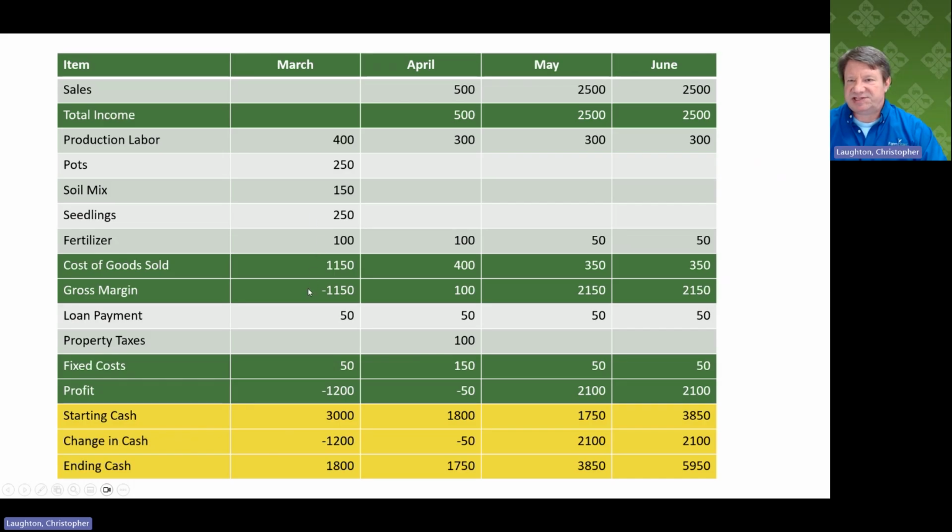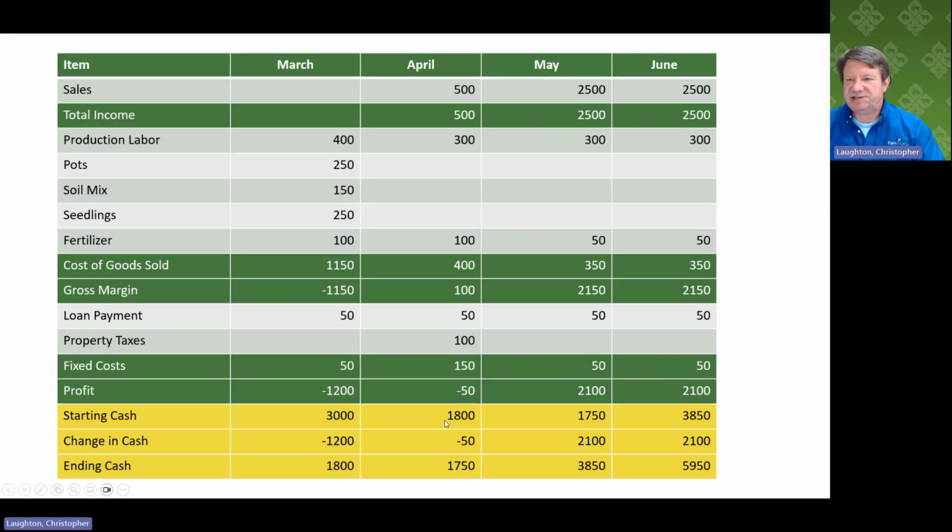So his gross margin is negative $11.50. Then he's also got a loan payment of $50 that he has to make every month. So that is $50 of fixed cost. So he's negative $1,200 for the month. So he started off the month with $3,000 minus $1,200 in cash, ends with $1,800.